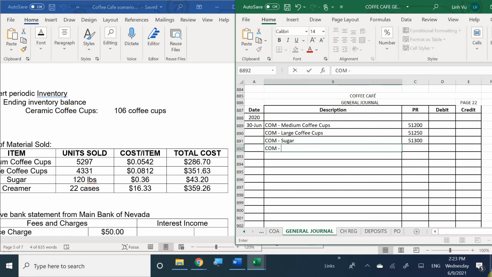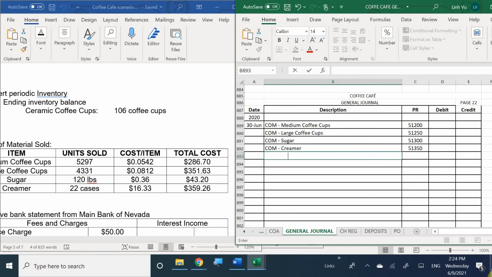Comps creamer. Account 51,350. Then of course we're going to credit our cost of material. Okay. Or did I miss something?